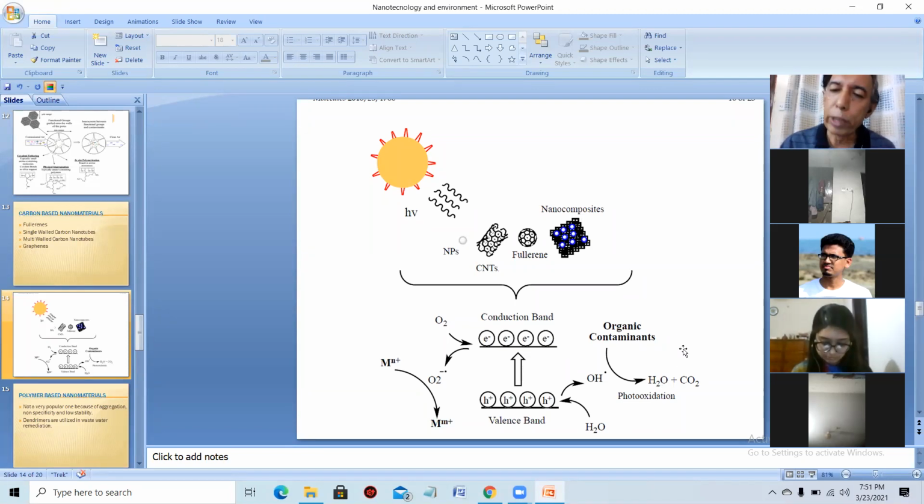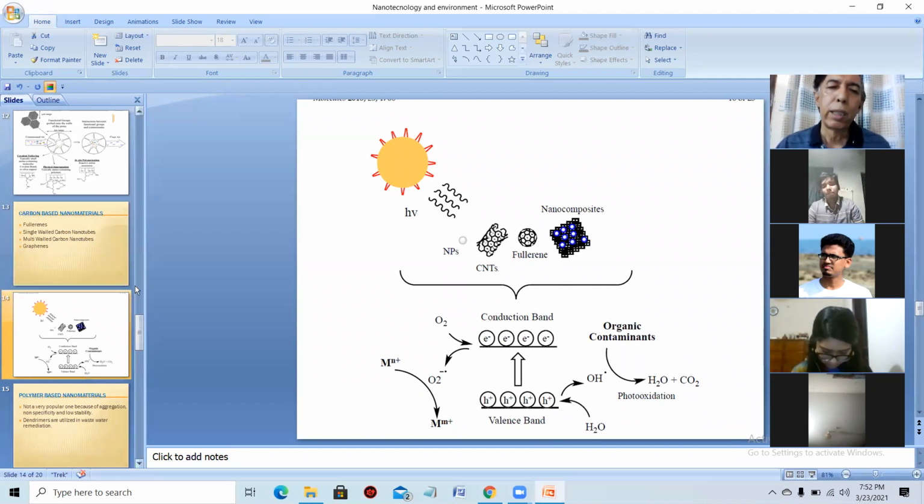If you have organic contaminants in the system and you use carbon-based nanomaterials, then the organic contaminants adsorb to the carbon-based nanomaterials, and the ultraviolet light photooxidizes those organic contaminants, and you will get water and carbon dioxide.